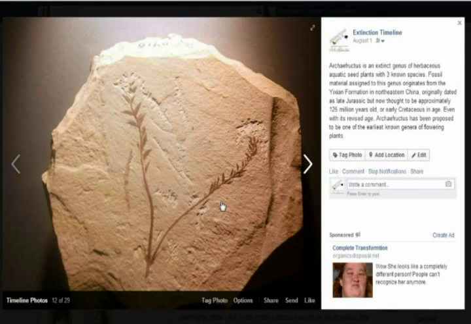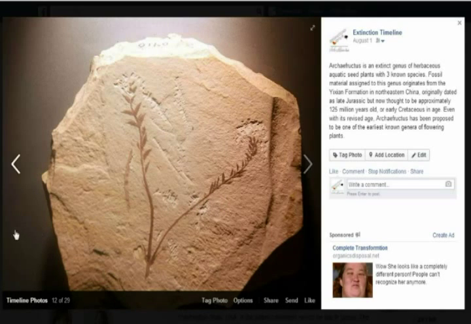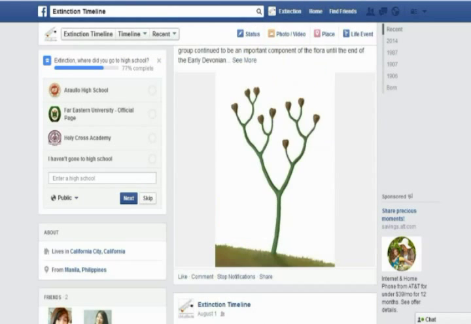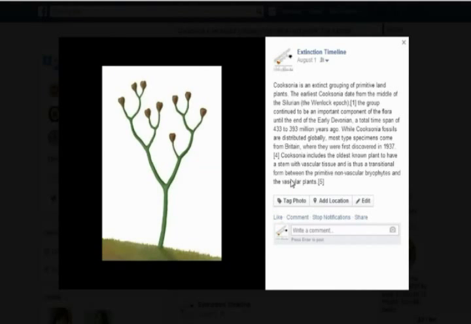Argyfractus is an extinct genus of herbaceous aquatic seed plants with 3 known species. Cooksonia is an extinct grouping of primitive land plants.